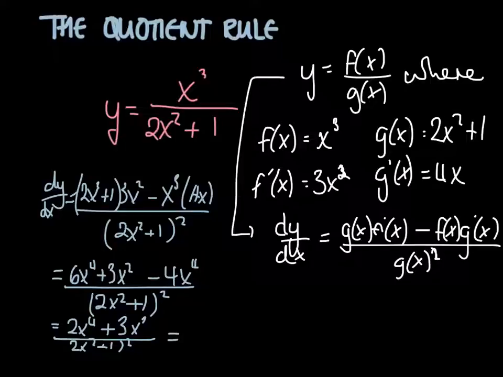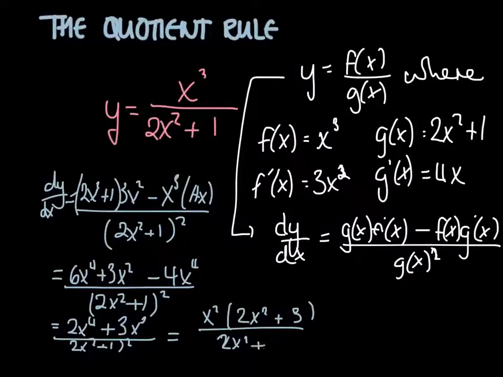I could factorise the top, I guess. Pull out an x squared, so x squared leaves me with (2x squared add 3) over (2x squared add 1) all squared. I can't simplify anything down, but that's absolutely fine. I've left it as a factorised simplified fraction, so we're all good there.